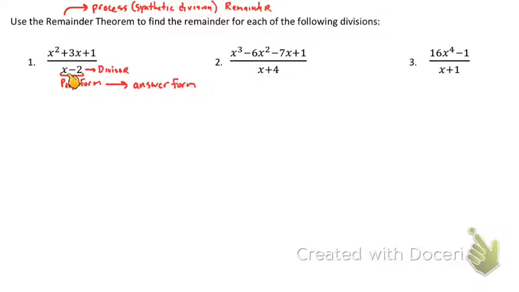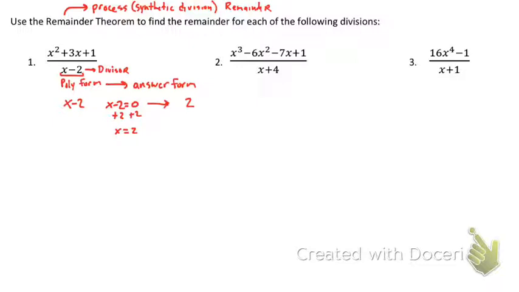To put him into answer form, we simply take our polynomial, set it equal to 0, and solve. Once we do that, it will give us answer form. So if we solve this, our answer form is 2.